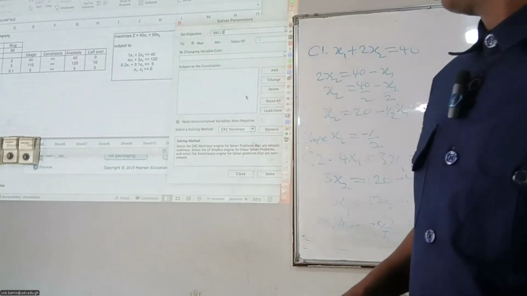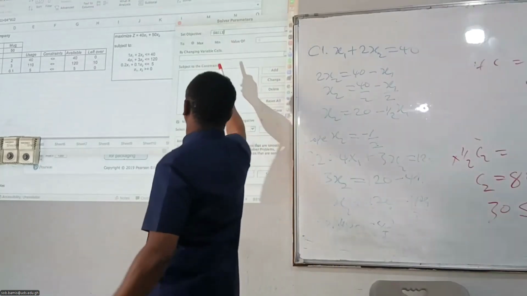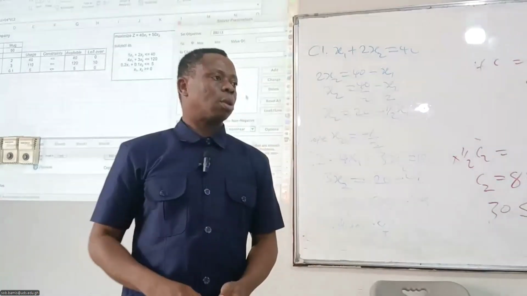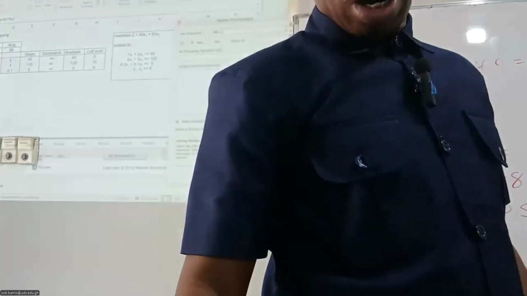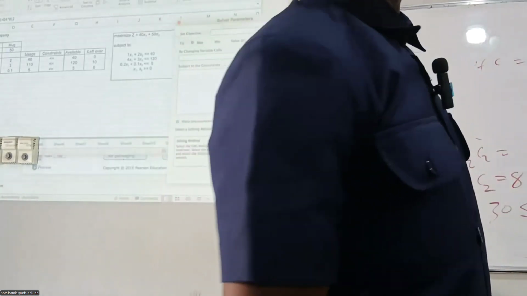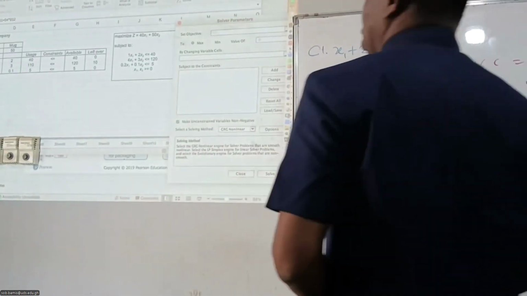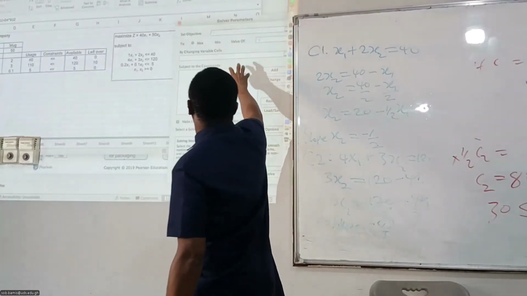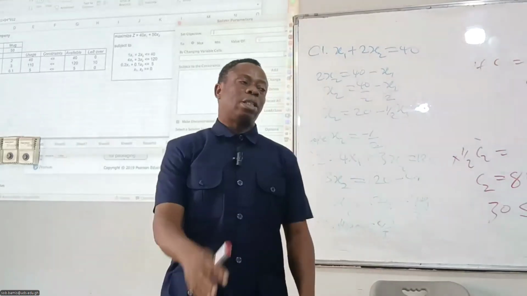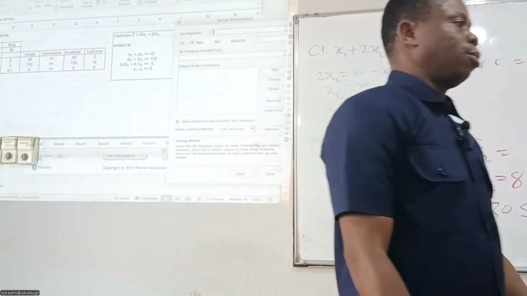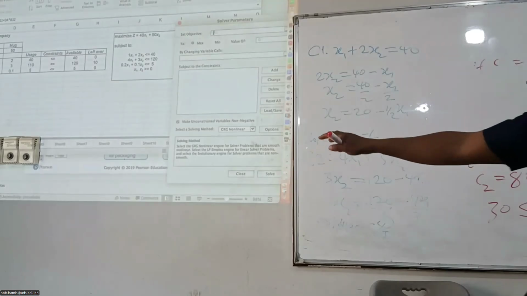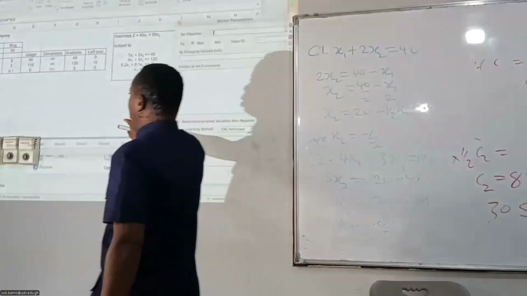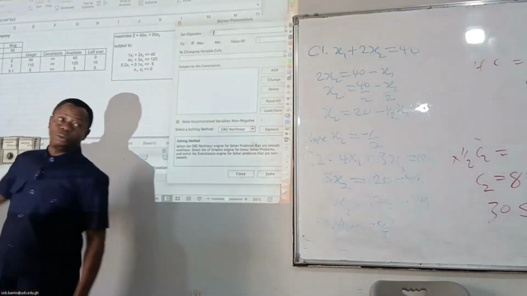I can even take out this one. So that one too, I've deleted it. So in case you have closed your interface, when you click on the solver, this is what will come. There will be nothing in there. But once you have the formulas here, the solution becomes easy for you.